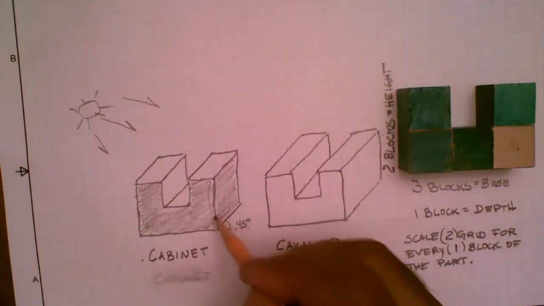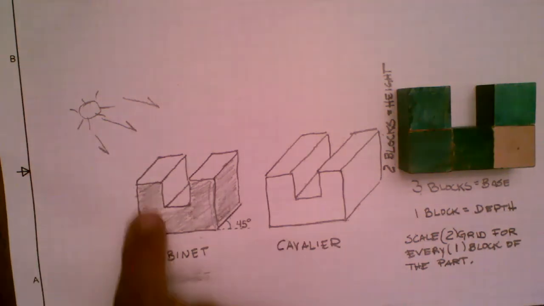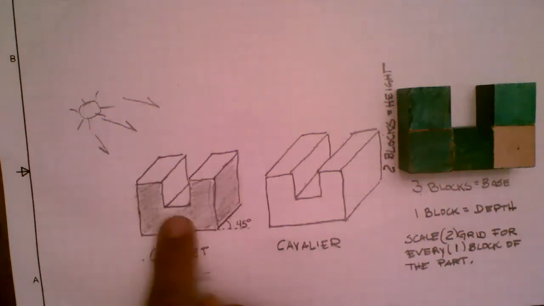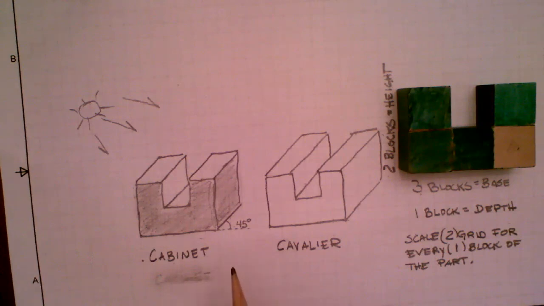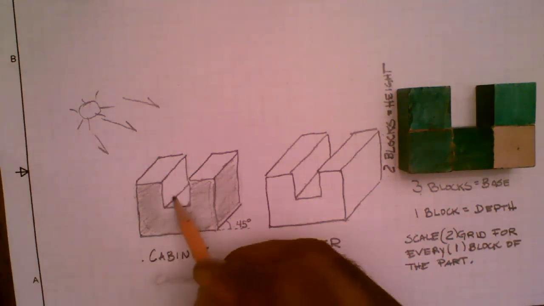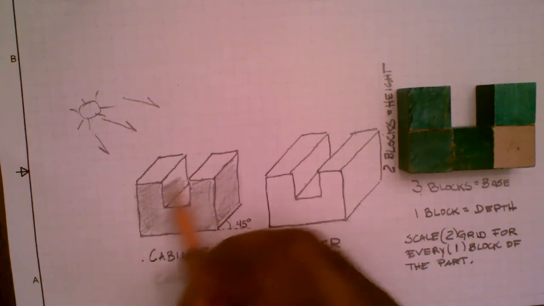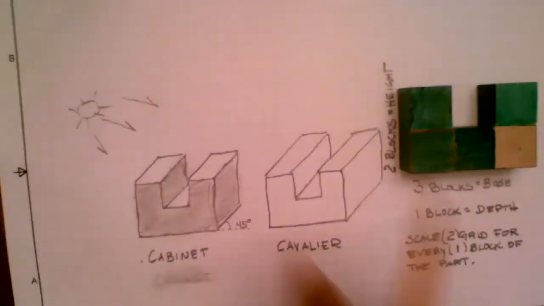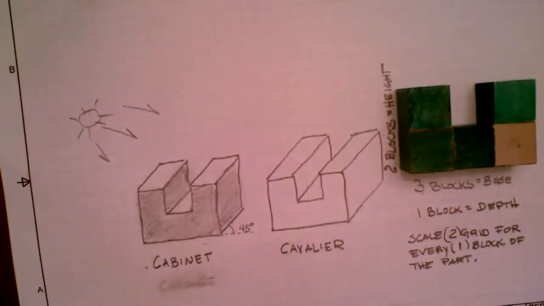When I do this tonal shading, something I like to do is take my finger and blend it in, or you can use a tissue or a piece of paper. I believe this side wouldn't get much sunlight either, and then I would add that same tonal shading to this side.